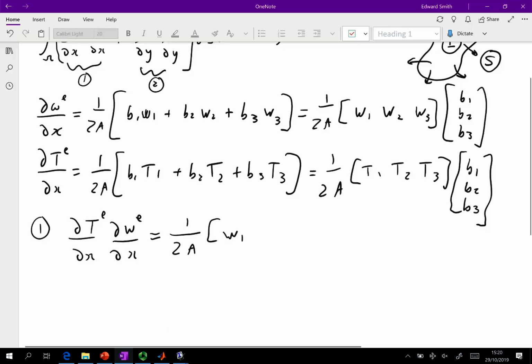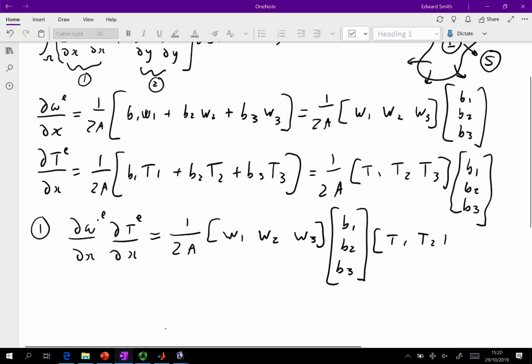Let me do it in the order I did it. So this is going to be w first, t first. So w1, w2, w3, b1, b2, b3, t1, t2, t3. This is b1, b2, b3.